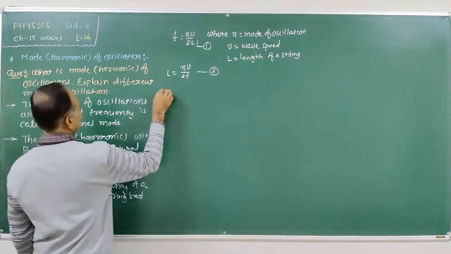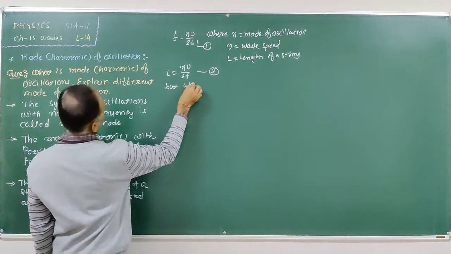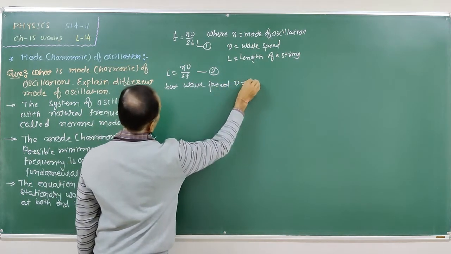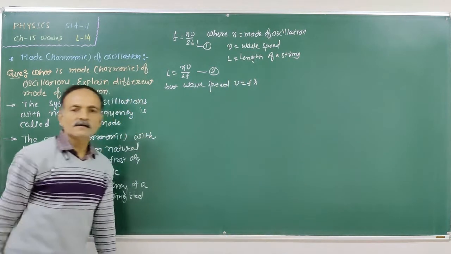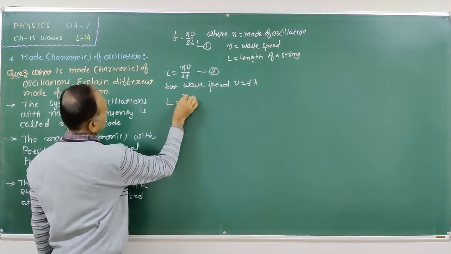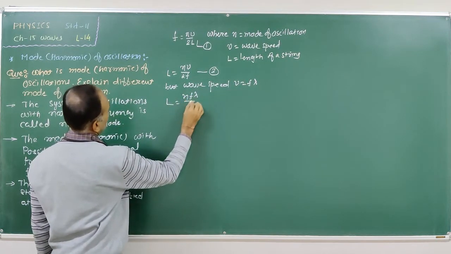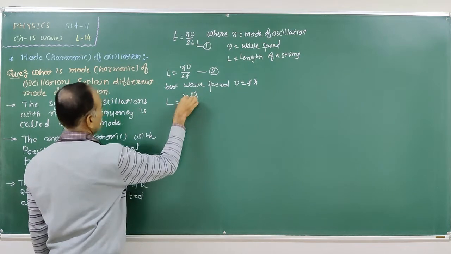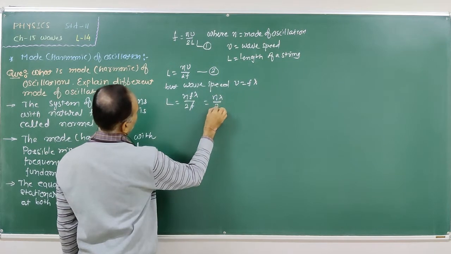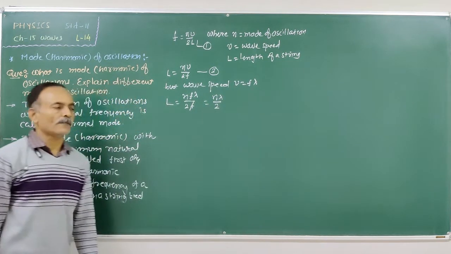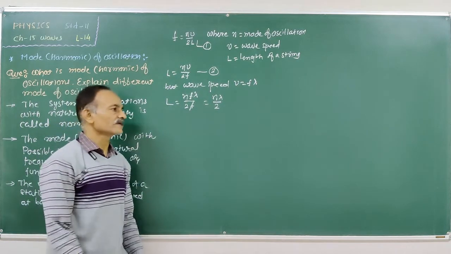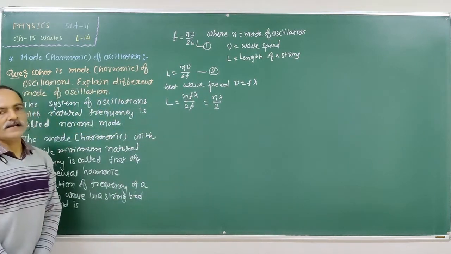But we know the wave speed v is equal to f lambda. Substituting here, L is equal to n f lambda upon 2f. F cancels, therefore L is equal to n lambda by 2. That is the equation of the length in terms of wavelength.